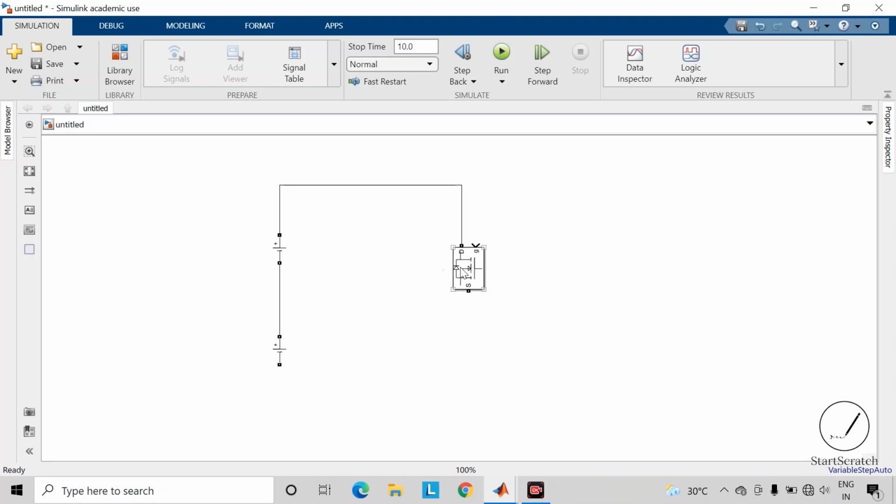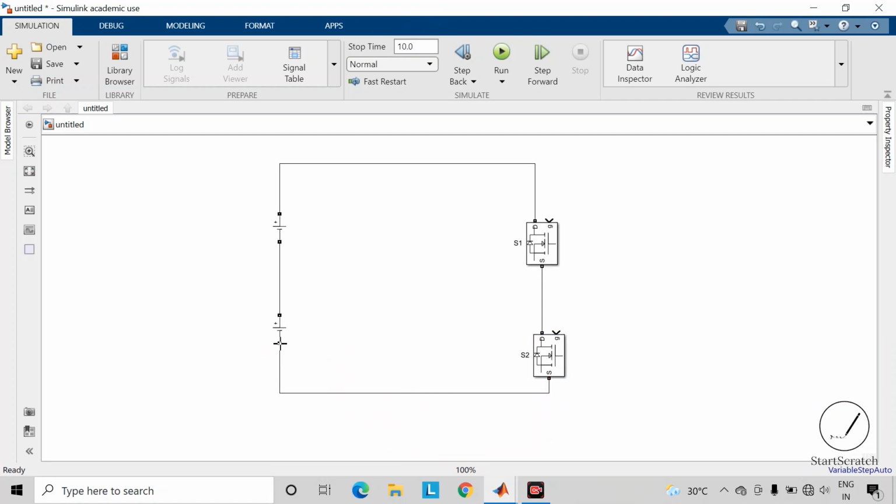So we will rename this block as S1 for switch 1. Copy this block. Connect this source terminal to the negative side of this voltage source.